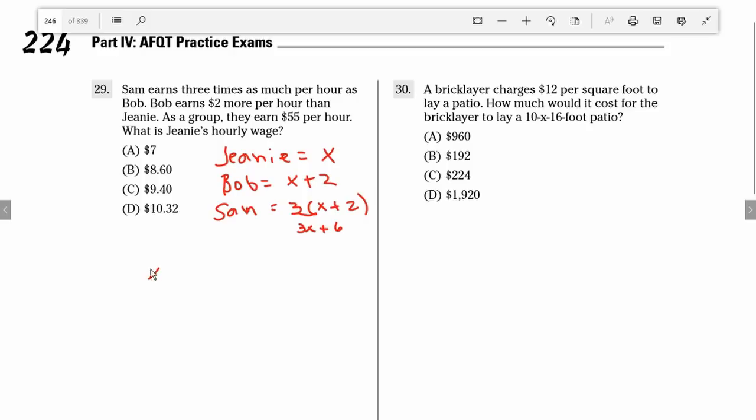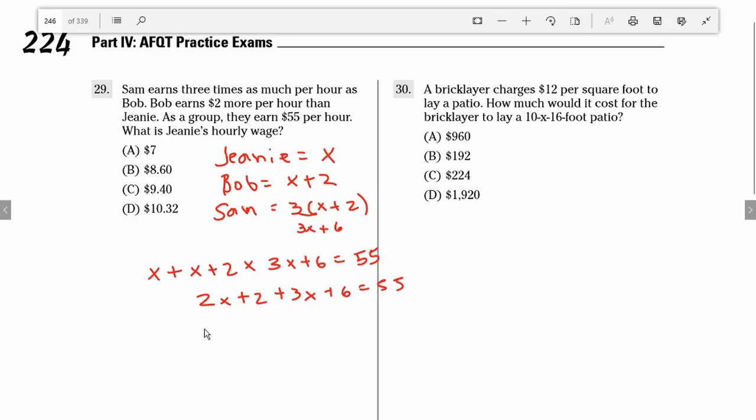So we know Jeannie plus Bob plus Sam earn a combined rate of $55 per hour. Let's combine like terms. x plus x is 2x, and then plus 2 plus 3x plus 6 equals 55.